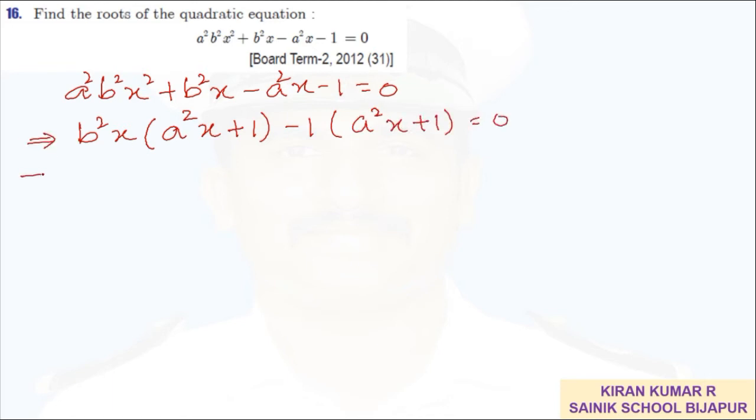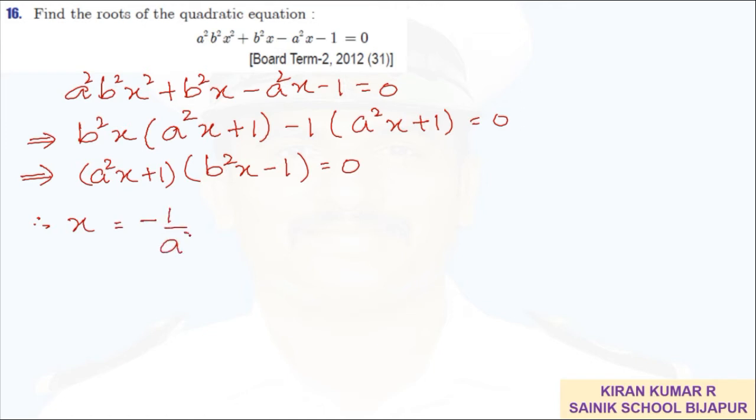Look at this, there is again a common a square x plus 1. If you take that out, the left out will be b square x minus 1 equal to 0. Therefore, the value of x is negative 1 by a square or positive 1 by b square.